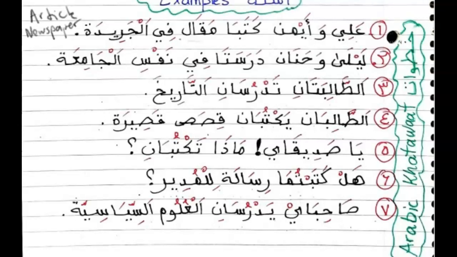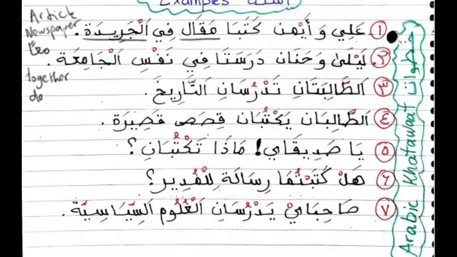في الجريدة, مقال في الجريدة. Let me read it one more time. علي وأيمن كتبا مقال في الجريدة. And you can add another word, which is معا. I like ma'an. It stands for together. So you can use ma'an when you are talking about dual.